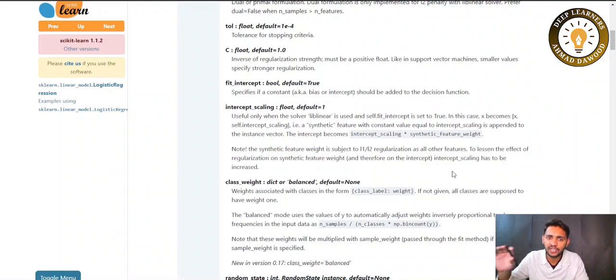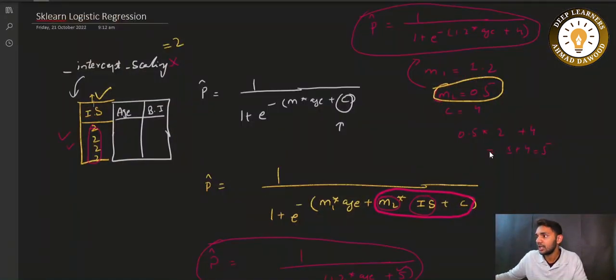It's simple: if you are using some penalty also, and the penalty will decrease your M2 value, let's say from 0.5 to 0.4 or 0.3. So to balance your intercept value, let's say if you're using some penalty, your value will be M2 equal to 0.3.